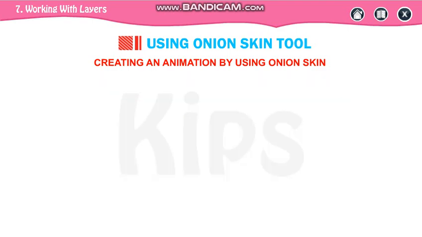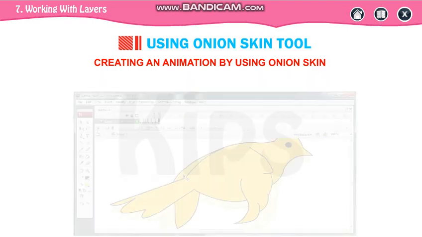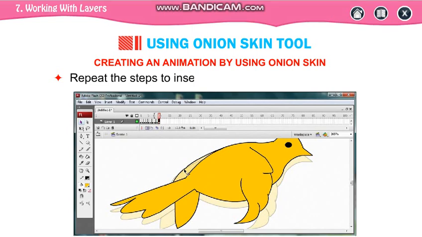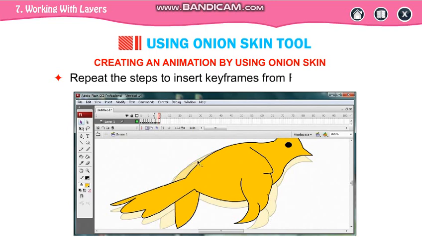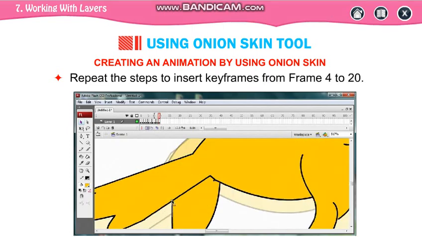Third movement दिखाने के लिए we have pressed F6 to insert a keyframe. Similarly, move the wings to any other place. Repeat the steps to insert keyframes from frame 4 to 20. It means you have to insert 20 frames, and you are going to show the movement of the bird flying by selecting it and moving it to an angle, and you are going to see the previous frame in the faint ghost image.